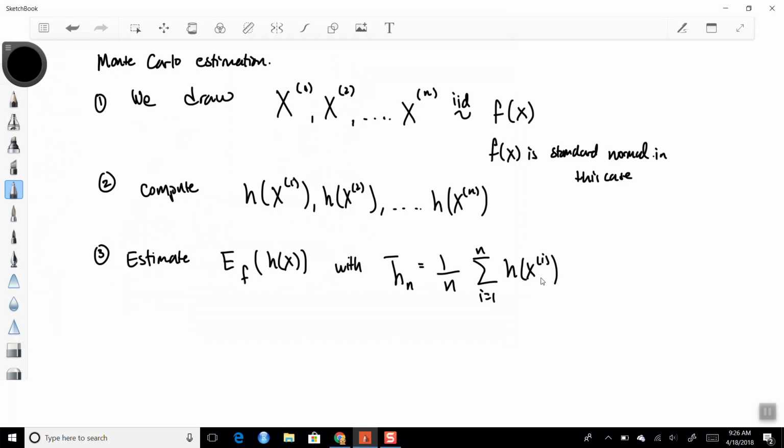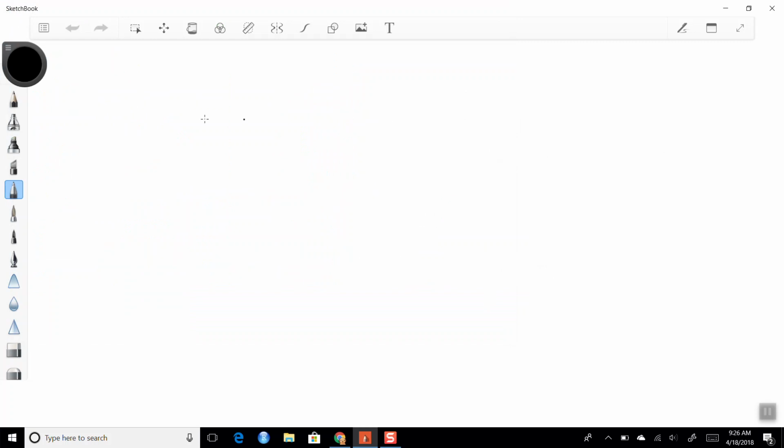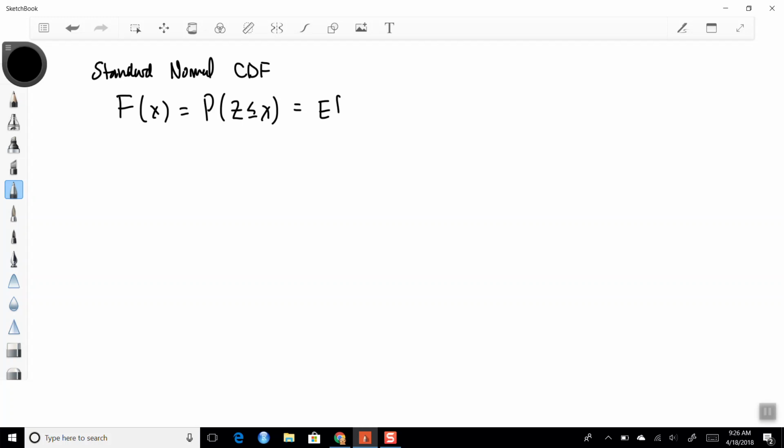So going back to the standard normal CDF, we're going to have F of x equal to the probability that z is less than or equal to x, which can be written as the expected value of the indicator of z less than or equal to x.